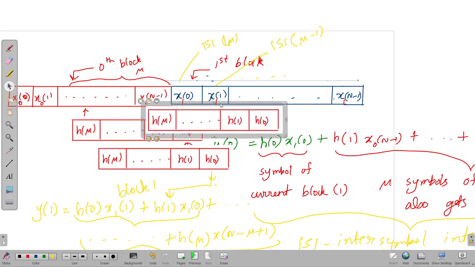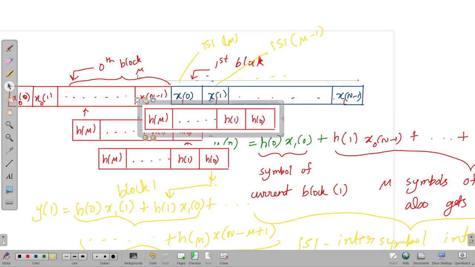So how many symbols would have got affected here? Mu number of symbols, starting from h of 0 up to h of mu minus 1. There are mu number of symbols getting affected by inter-symbol interference.